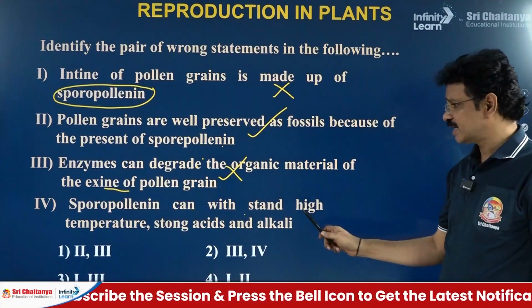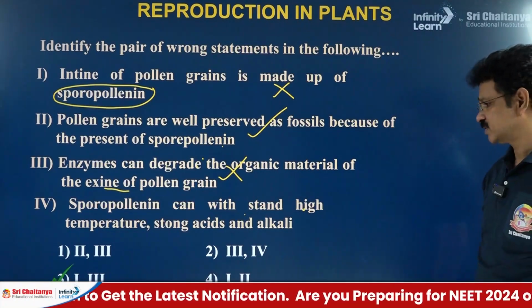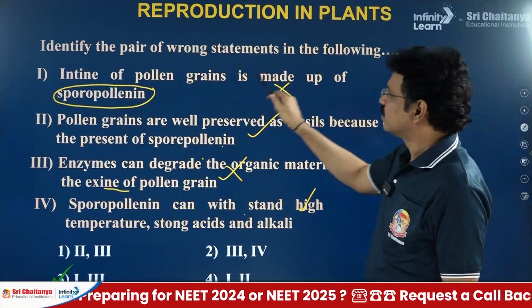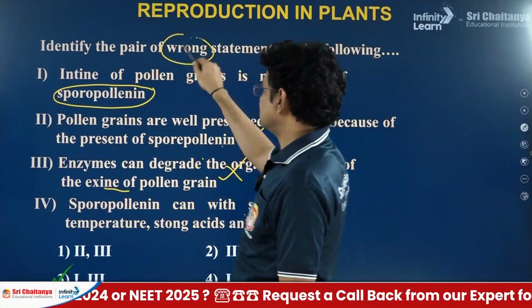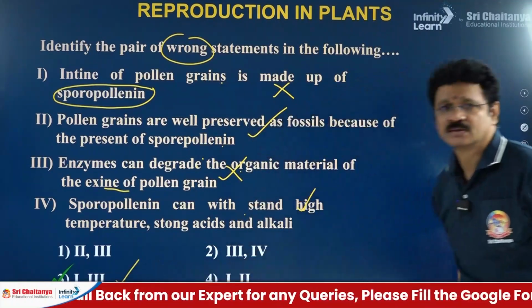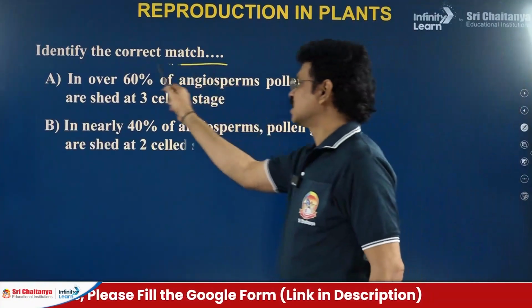Sporopollenin can withstand high temperature and strong acids and alkaline substances. Statement true. Then the question is about the incorrect statements. First statement and third both are wrong. That's why the right answer is the third option. Next question. Identify the correct match or correct statements.